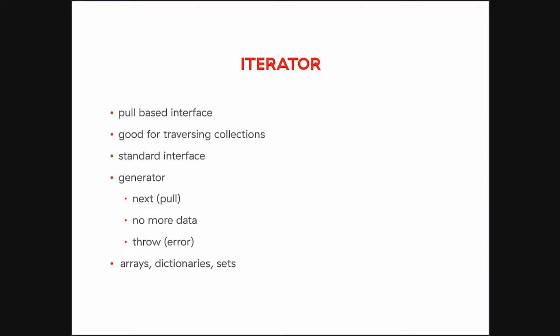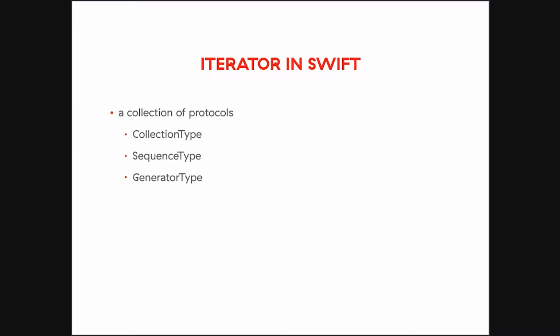And as I said, you are using this every day. So when you do for in or while or whatever loop, behind this, you have a generator which will feed you the next values. The thing to remember about iterator pattern is that it can only give you events synchronously. Okay?